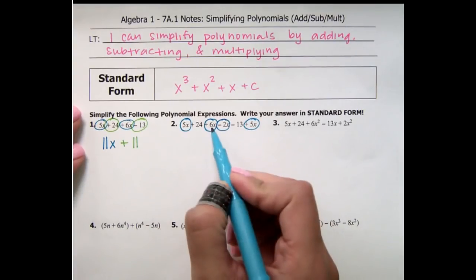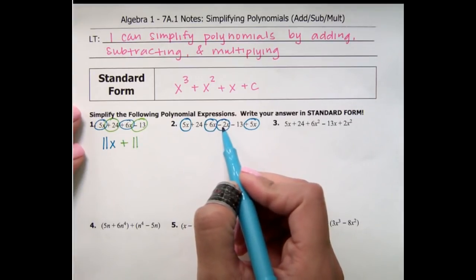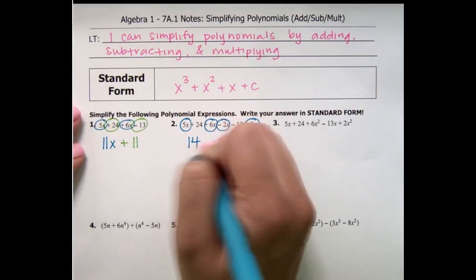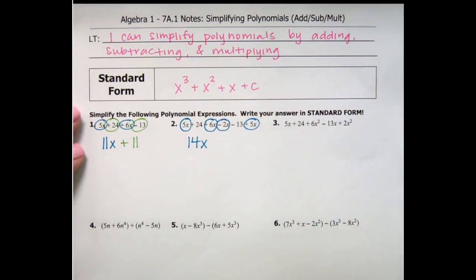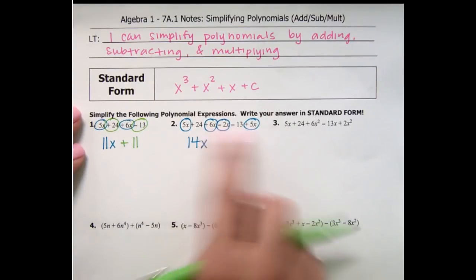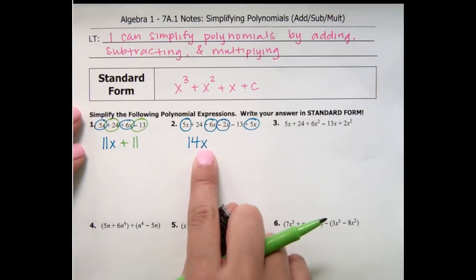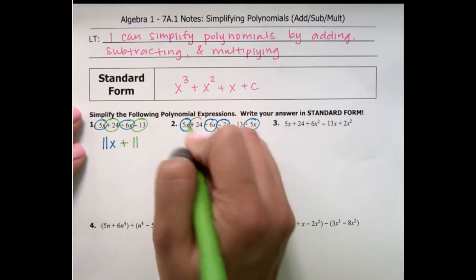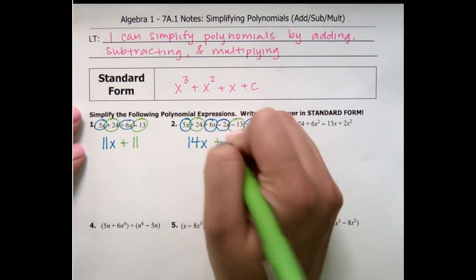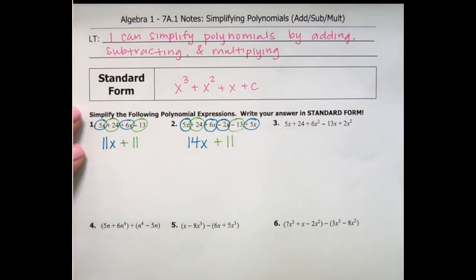So 5 plus 6 is 11, minus 2 is 9, plus 5 is 14x. When you're combining like terms, you're really just combining the numbers. The variable is going to stay the same. So 5 plus 6 minus 2 plus 5 is 14. They don't have the x, so you have to make sure that that has the x as well. And then I have 24 minus 13 is positive 11.